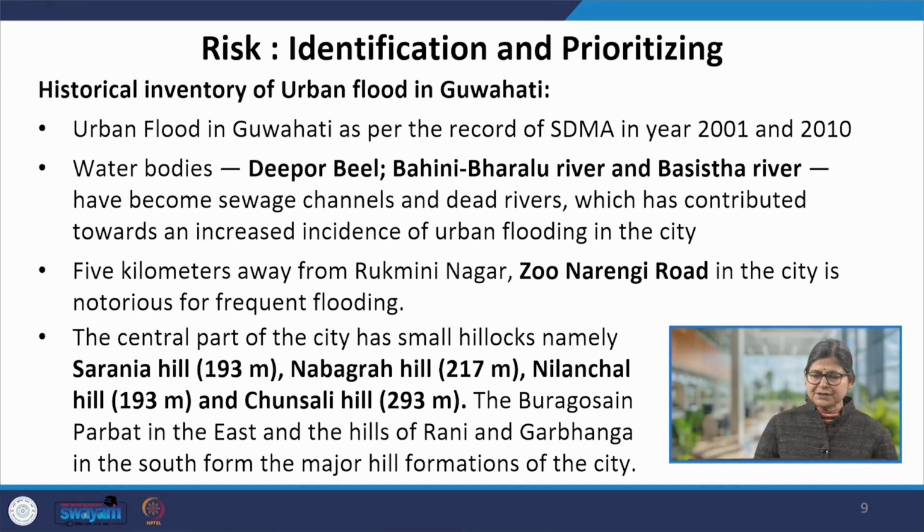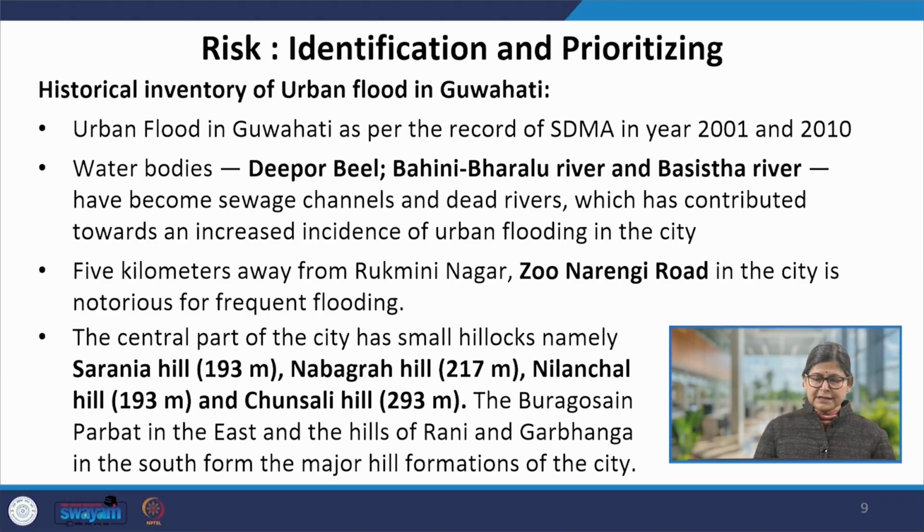So, identification and prioritizing: under this, the historical inventory of urban flood in Guwahati was recorded. Urban flood in Guwahati, as per the record of the local SDMA, happened in 2001 and then in 2010.